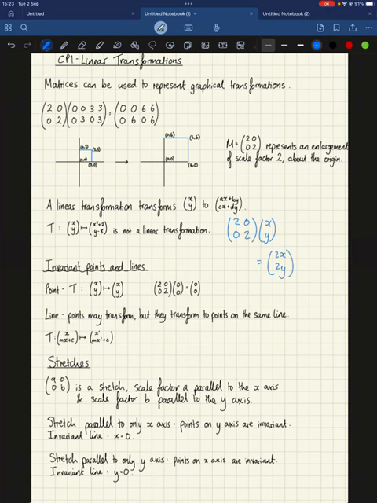But that's not in the form (ax + by, cx + dy). But actually, if we look, we get (2x + 0y, 0x + 2y). So actually it is in this form, but because there are zeros we can just cancel them out, and we're just left with (2x, 2y). So this matrix over here is a linear transformation.